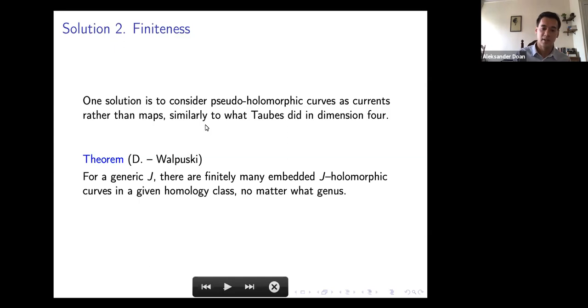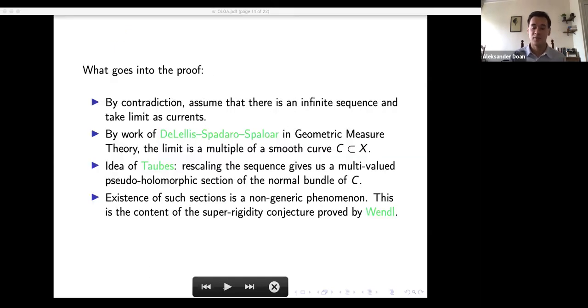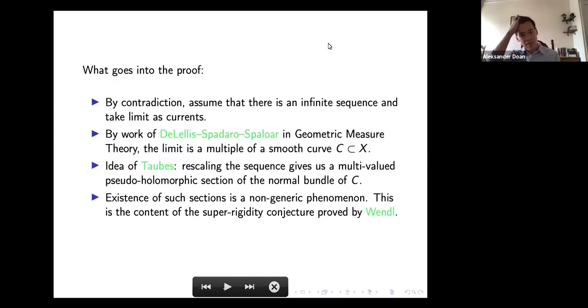So what is the basic idea of how you would prove such a result? Essentially, the proof is not complicated, but it uses various results from geometric measure theory and symplectic geometry that were proved by other people. So you assume that there is an infinite sequence of curves in a given homology class, possibly of any genus.